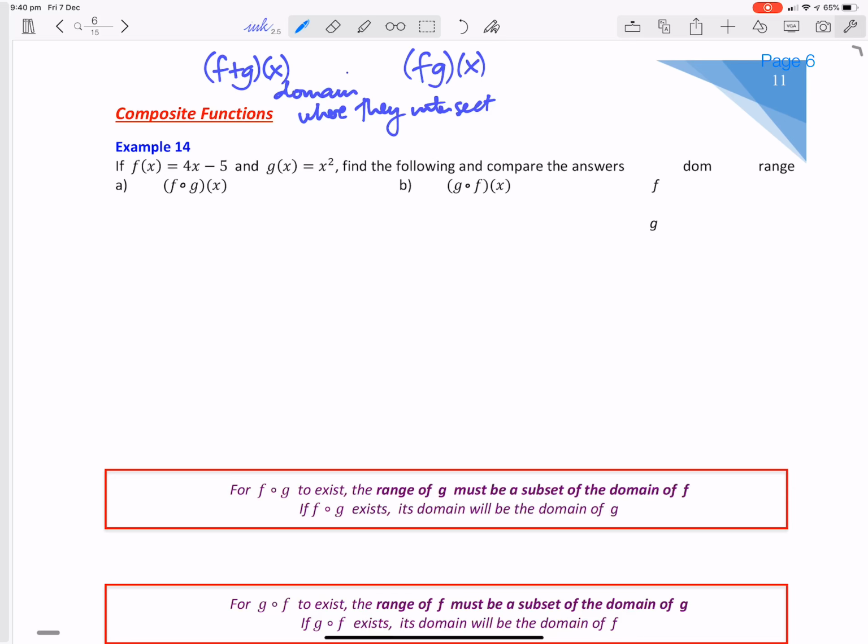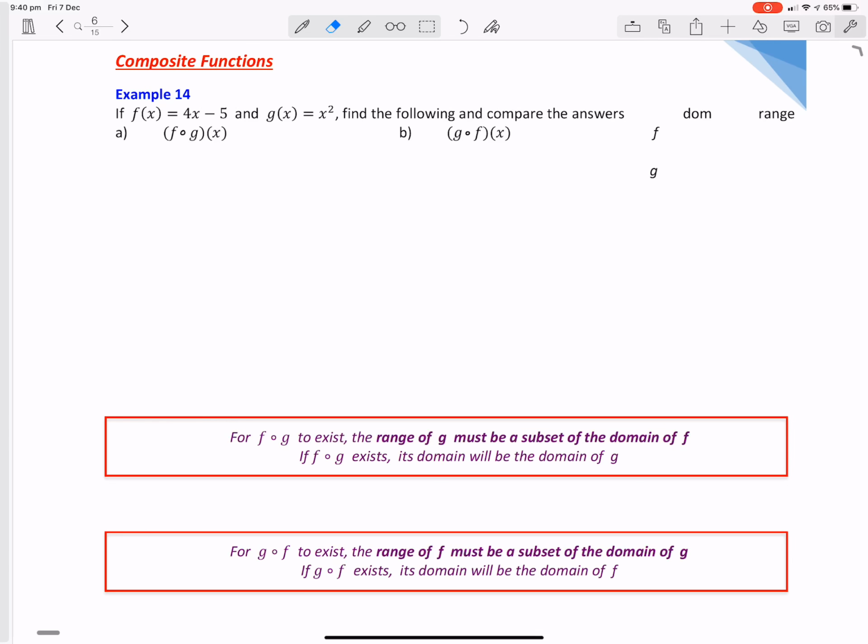So this is the sum or addition of two functions, and this is the product. Well, composite functions are neither of those. Composite functions are when you have a function inside another function. If you've done a bit of differentiation before, you probably learned the chain rule, which you use with composite functions. But to create a composite function, a few things need to occur.